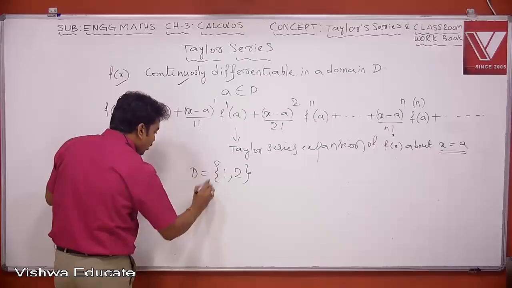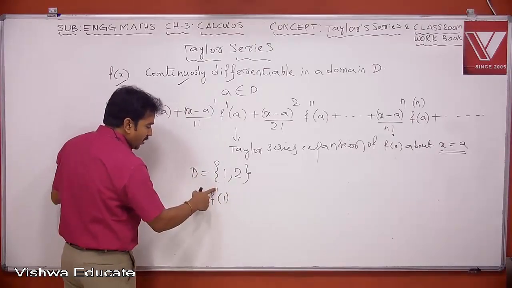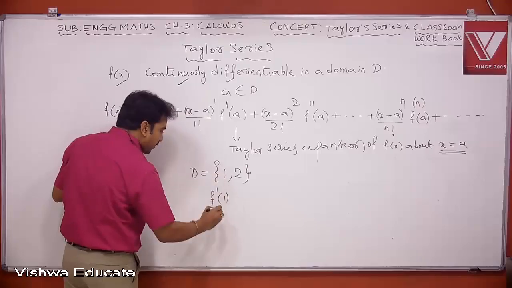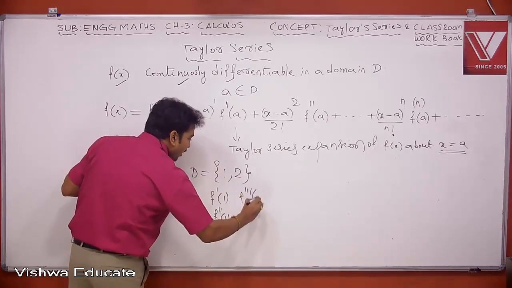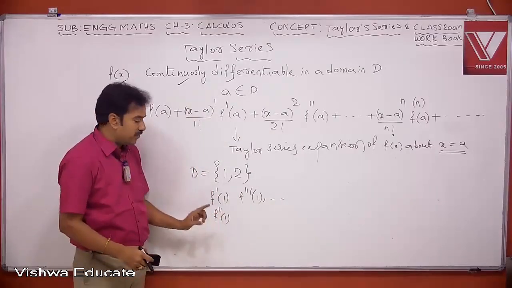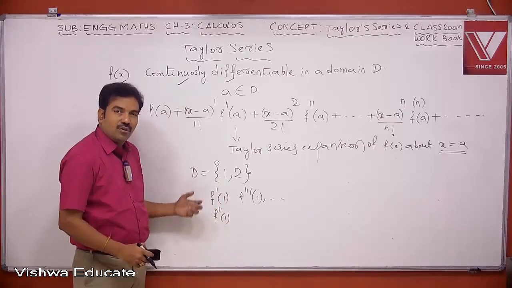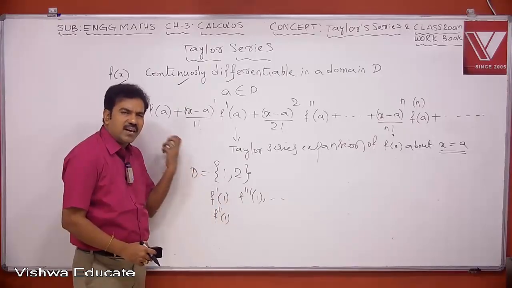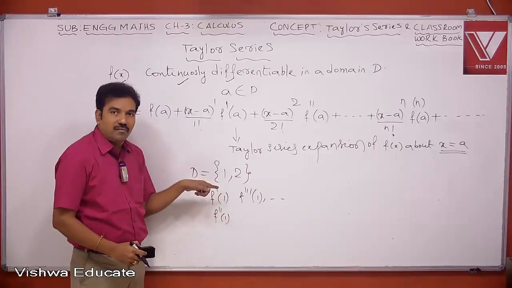Continuously differentiable in this domain means you calculate f dash of 1, the first order derivative of f at a point of D, you calculate f double dash of 1, f triple dash of 1, and so on. All these values are finite values. Continuously you will get derivatives of all orders at all points of D.